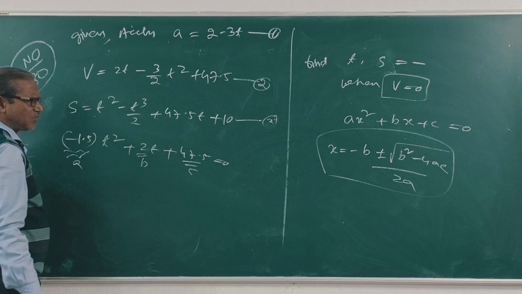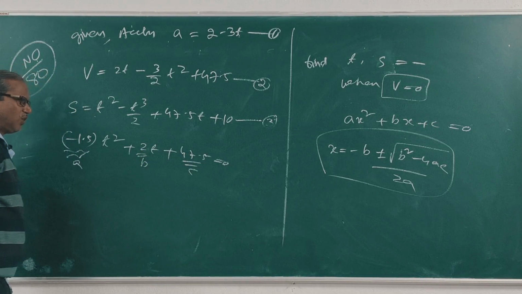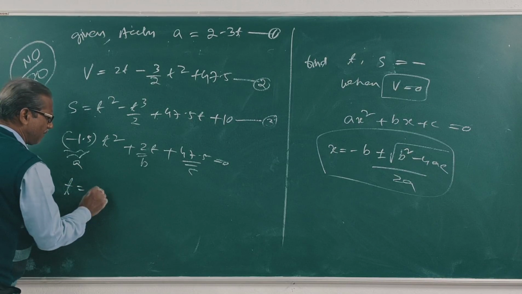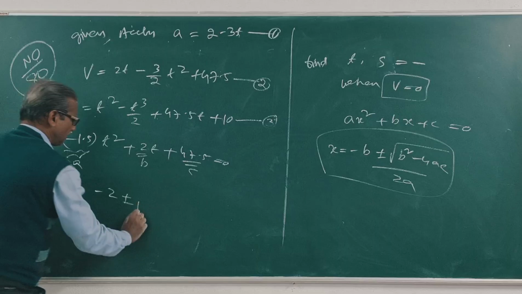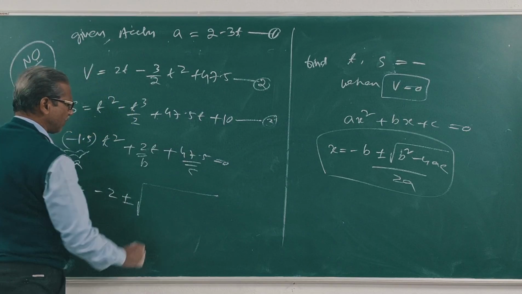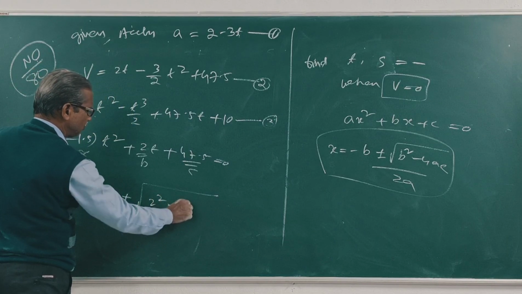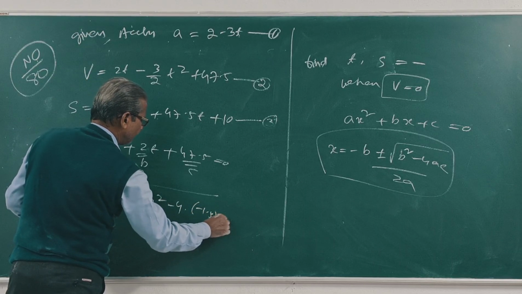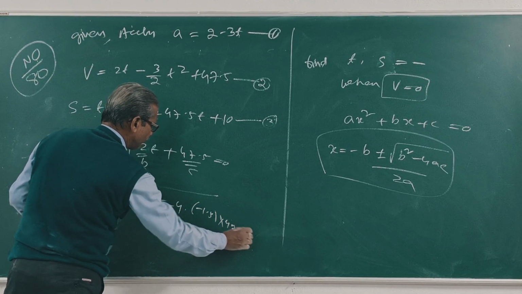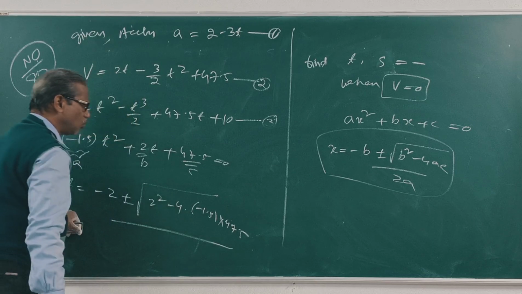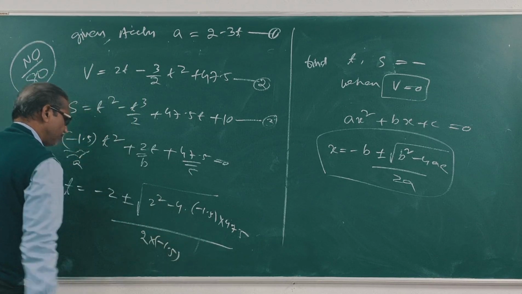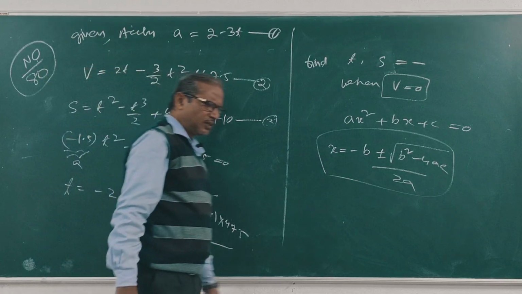So t is equal to minus b plus or minus root over b square minus 4ac, where a is minus 1.5 and c is 47.5, by 2a, that is 2 into minus 1.5. Right? This is a quadratic equation.